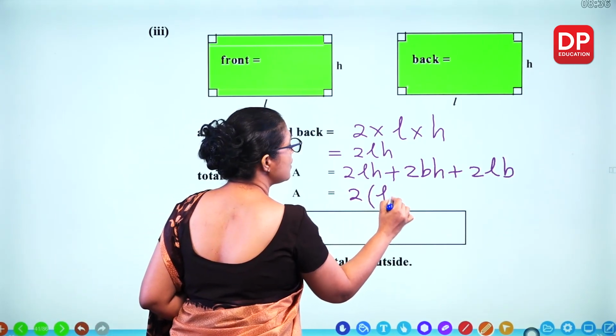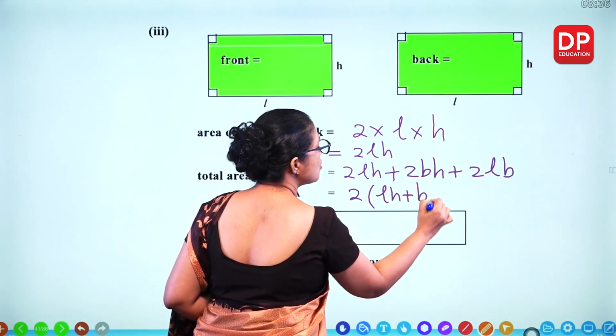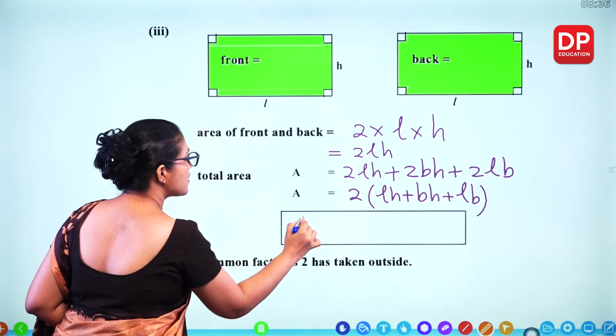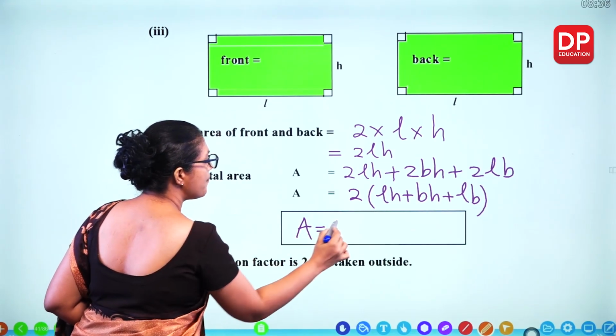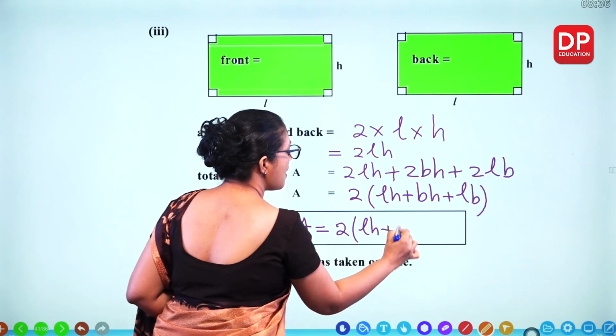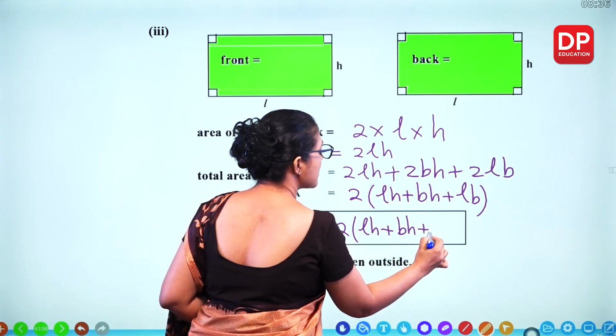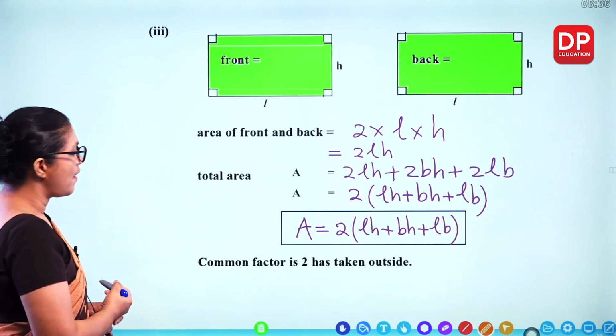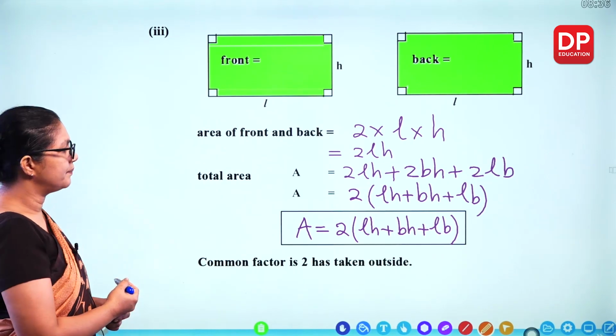I get LH plus BH plus LB. So what's the surface area of a cuboid? 2 times length into height plus breadth into height plus length into breadth. The common factor 2 has been taken outside.